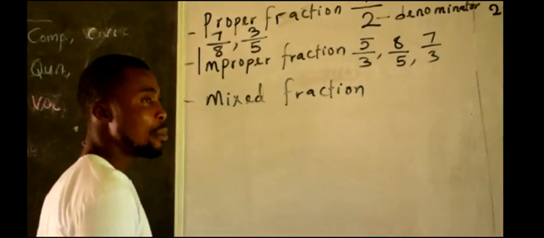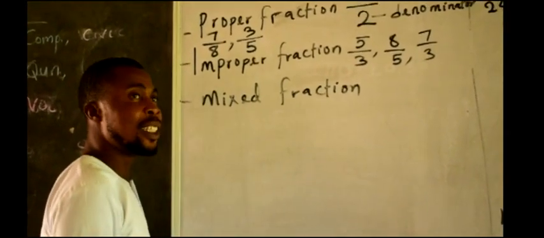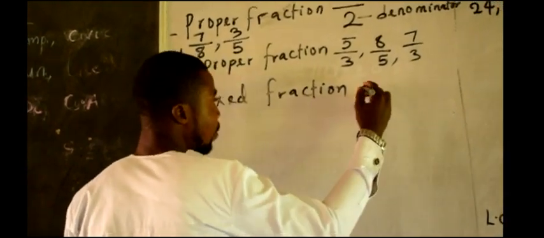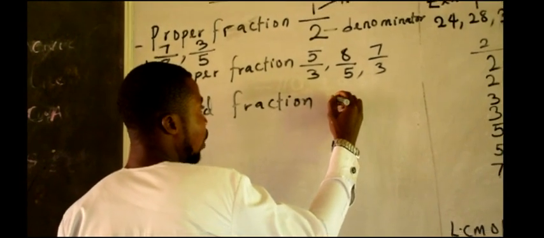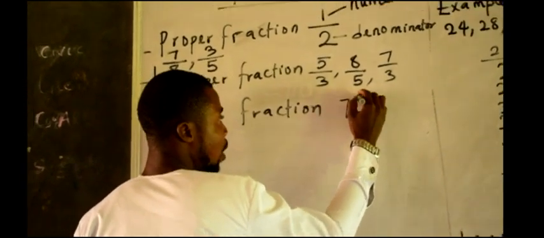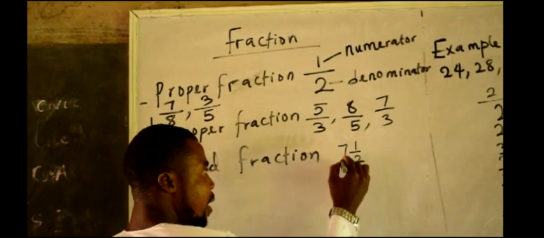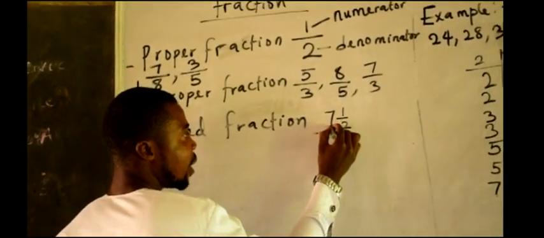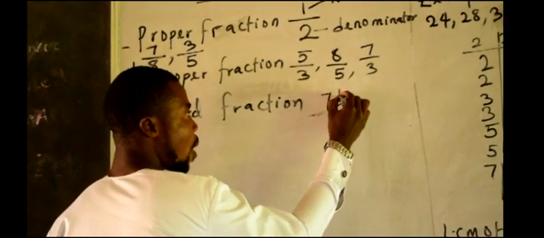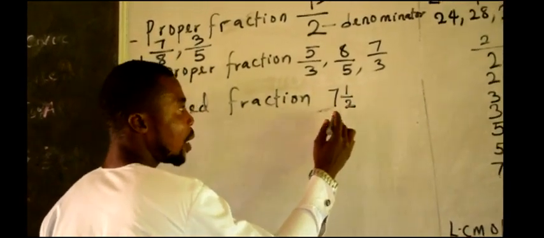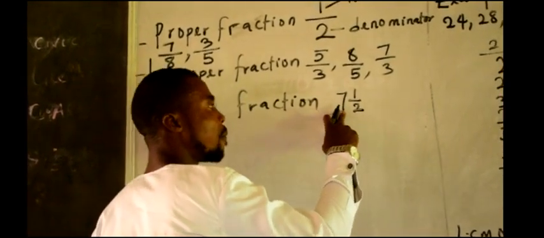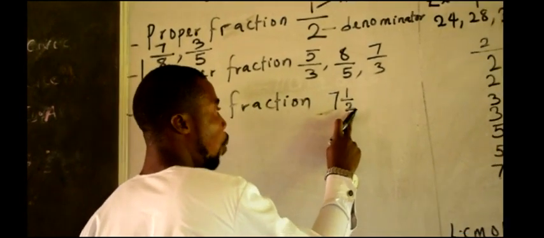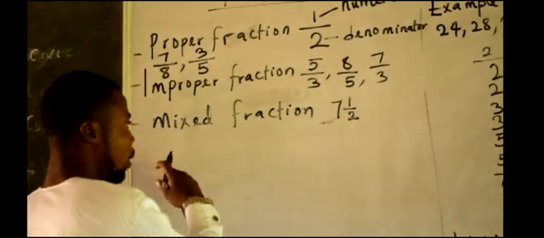For example, you have 7 whole number 1 over 2. 7 is the whole number, while 1 over 2 is the fraction. The whole number mixing with a fraction is called a mixed fraction.